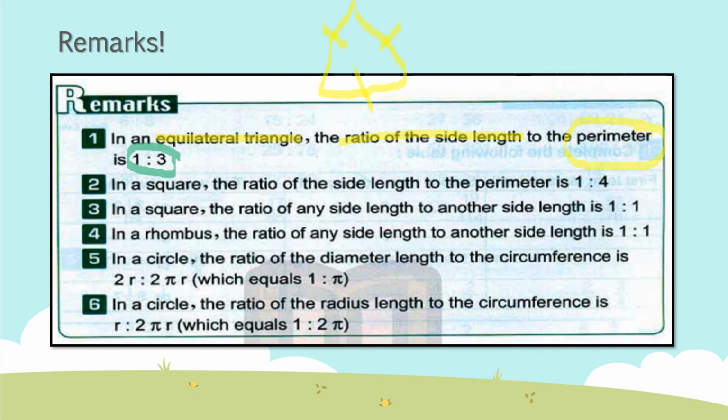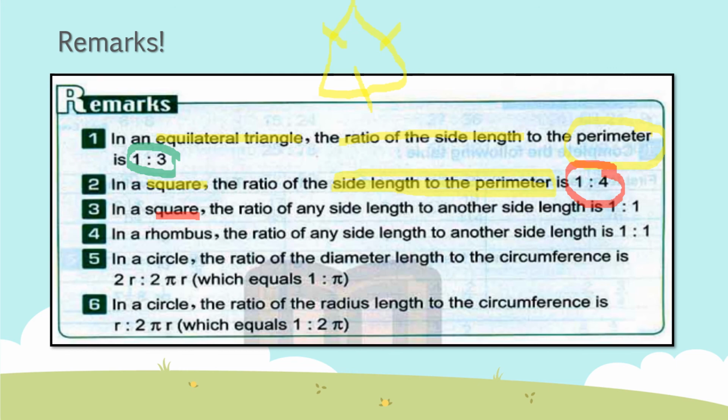It is like a formula that you can just memorize and always write when you are asked to find the ratio of a side length to the perimeter of an equilateral triangle. In a square, the ratio of the side length to the perimeter that you have just done is 1 to 4. Always know that it is 1 to 4.